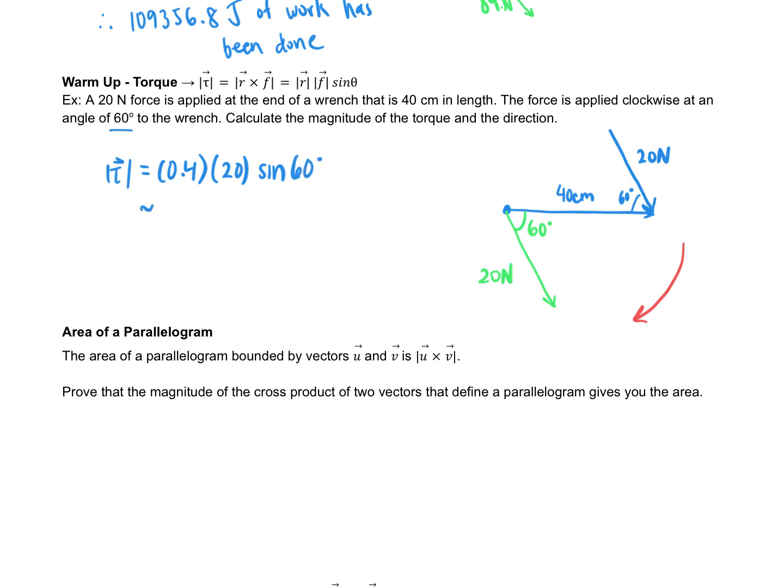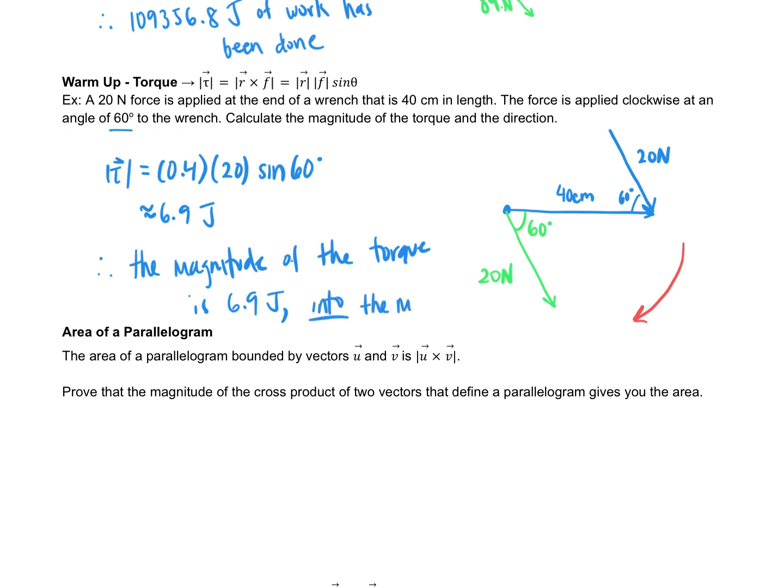If we punch that into our calculators, we get 6.9 joules. Therefore, the magnitude of the torque is 6.9 joules, and it's into the material.